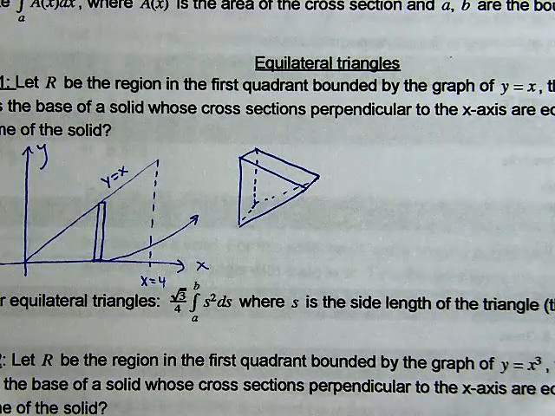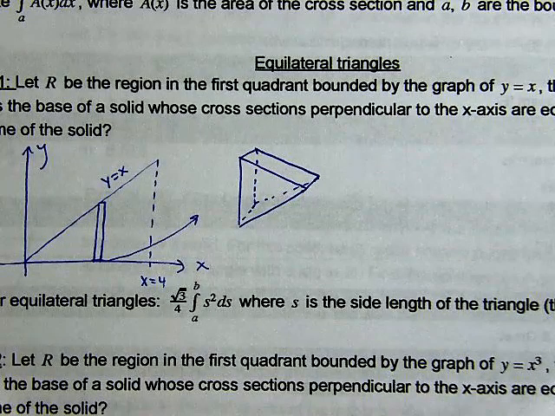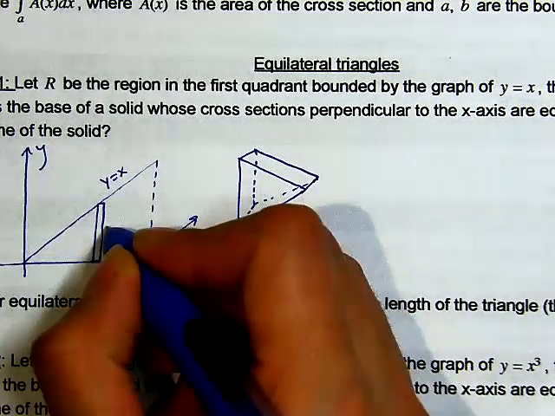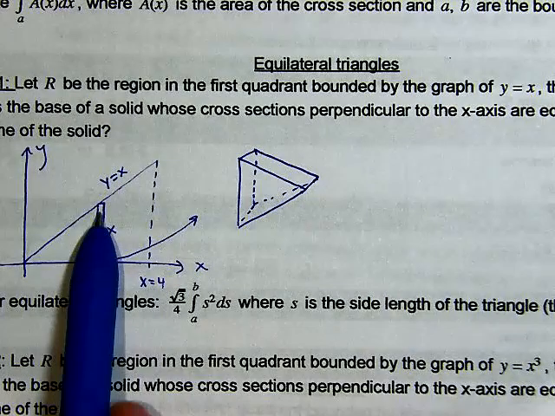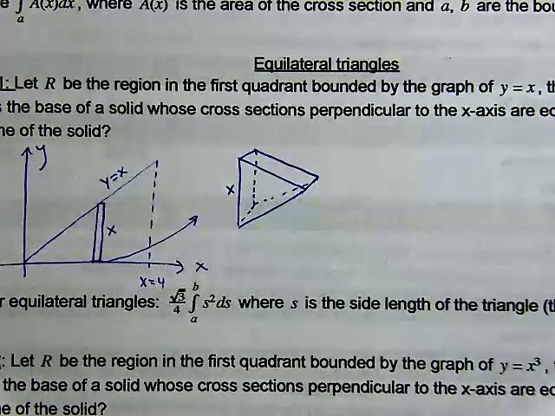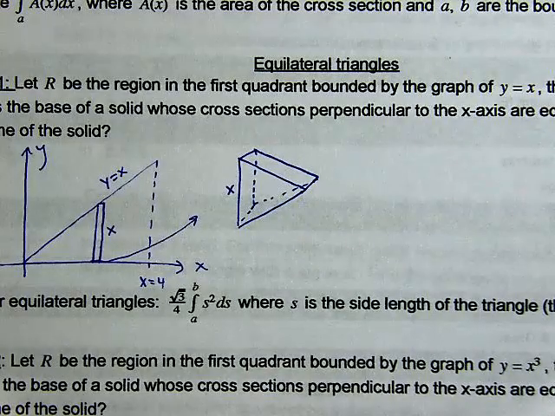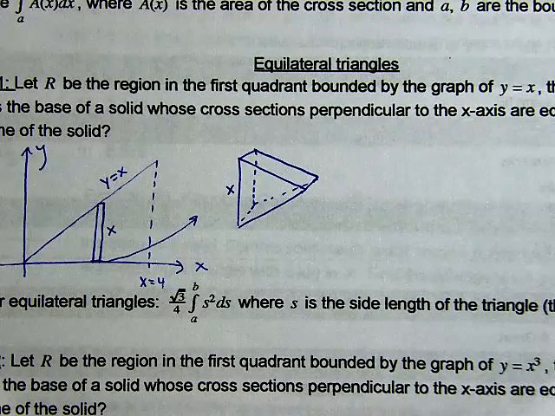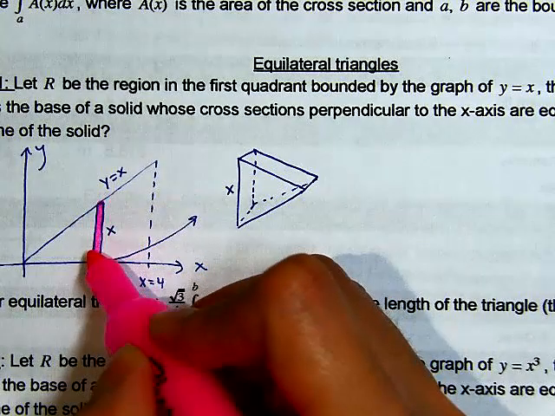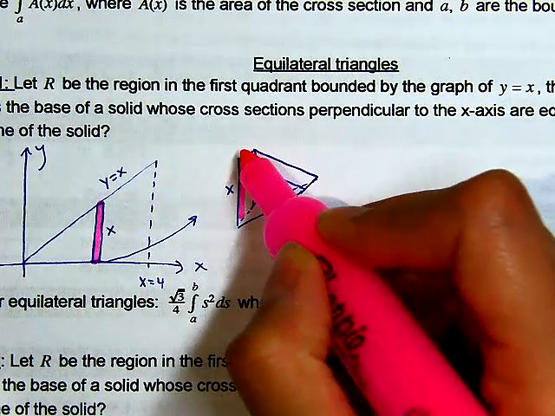And now we can talk about the side length. So because it's an equilateral triangle and this cross section is x tall, that means this is x right here. So let me show you what we've just pulled out. This piece that we can see on the graph is this piece back here.